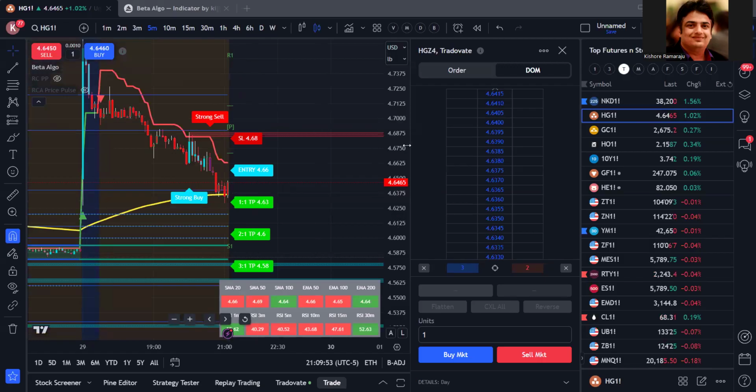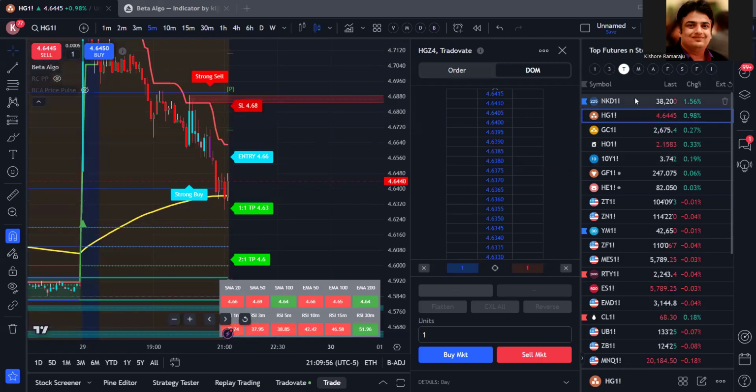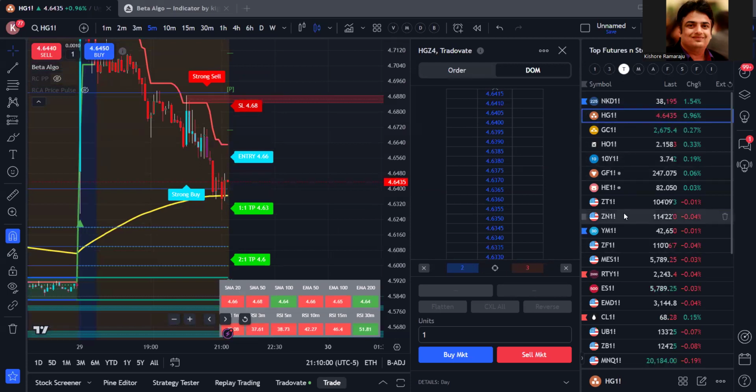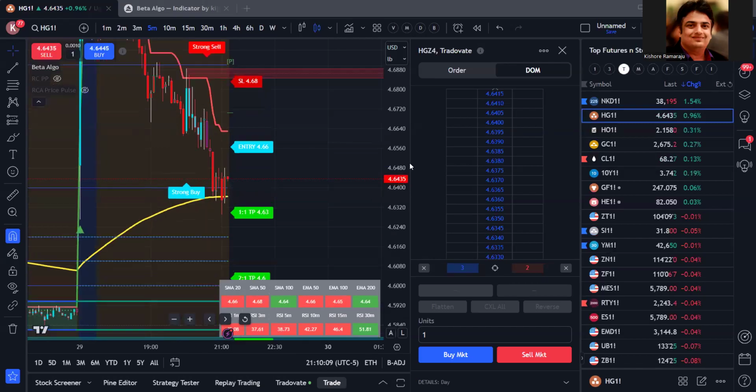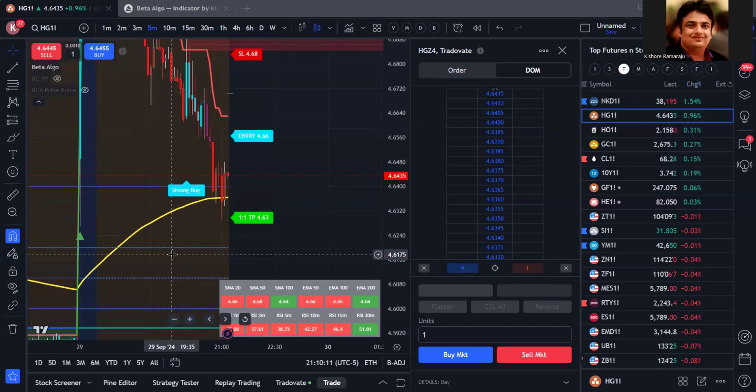So we are watching for a buy signal on copper, on heating oil, on crude oil. We are watching for a buy signal on all the three. So if we get a buy, then we can take it. They are the best opportunities because this is above the blue line, this is above the yellow line. Same thing with crude oil and also heating oil.